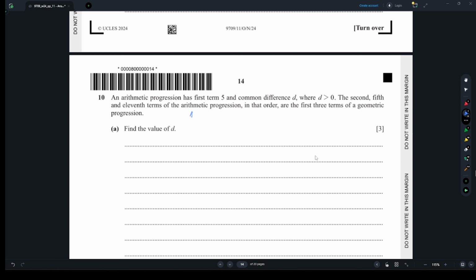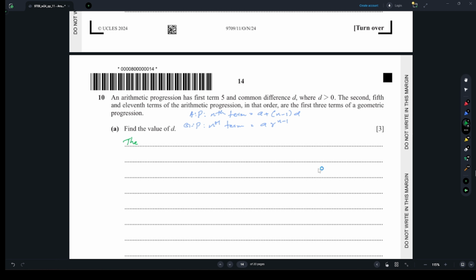If I take the arithmetic progression, the nth term I can write as a plus (n minus 1)d, and for the geometric progression, the nth term is a, the first term, times the common ratio to the power n minus 1. Okay, so we have to remember that one. So now let's write the arithmetic progression.